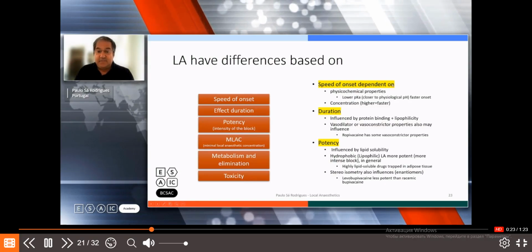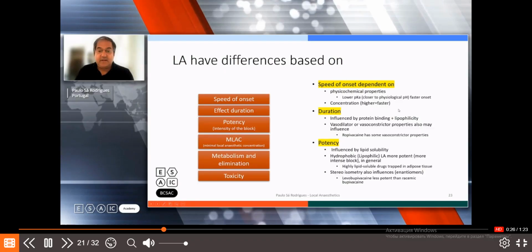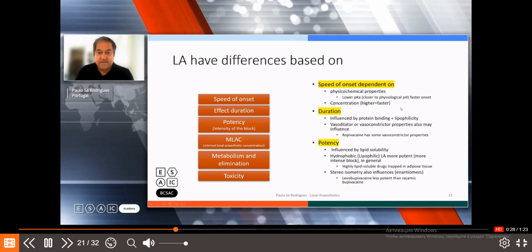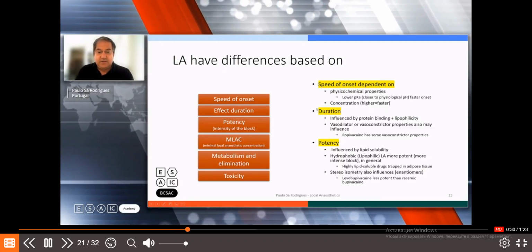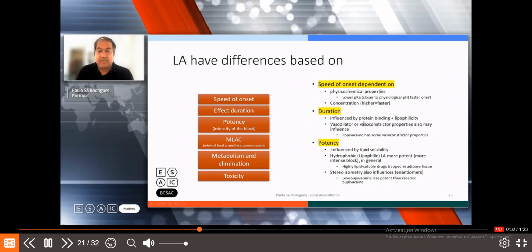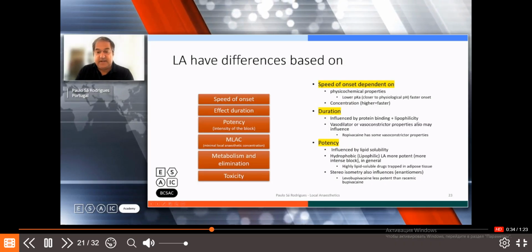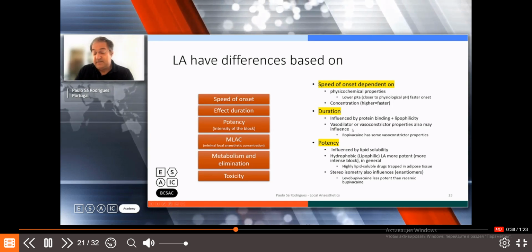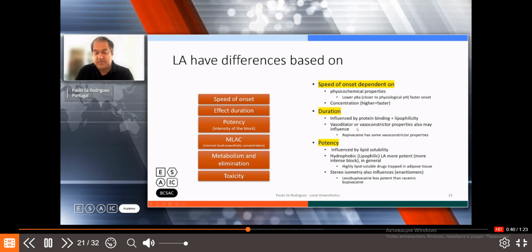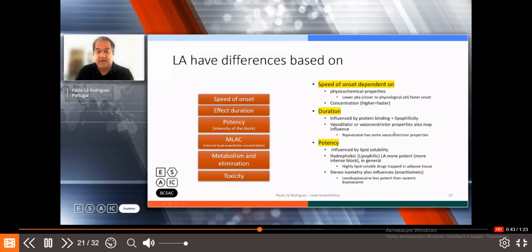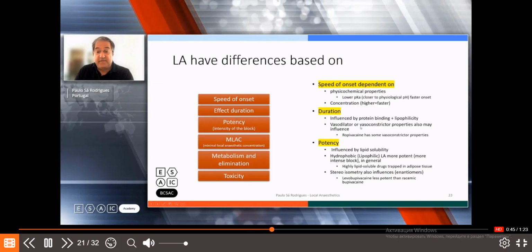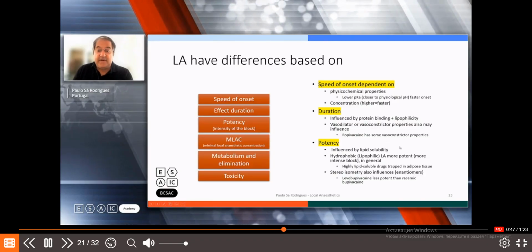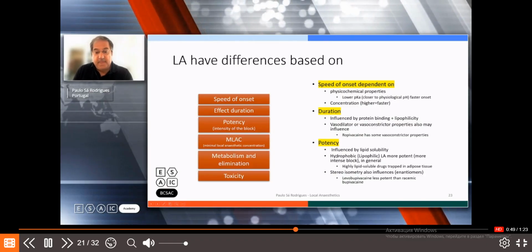Again, the speed of onset will depend on the physicochemical properties and the concentration. The duration will be influenced by protein binding and lipophilicity, and by the vasodilator and vasoconstrictor properties of the drug. For instance, ropivacaine has some vasoconstrictor properties.